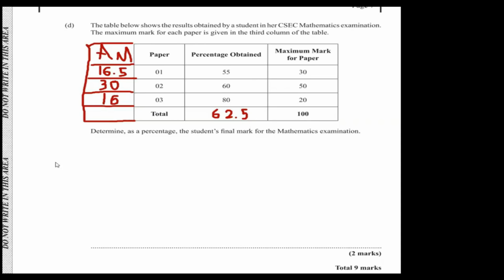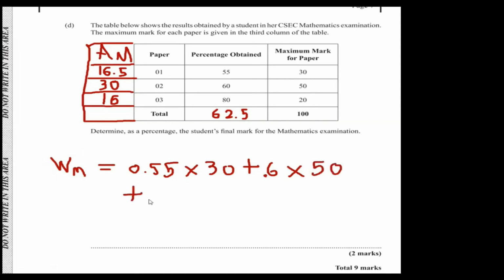So this is the weighted mean method. How the weighted mean works, it's 0.55 times 30 plus 0.6 times 50 plus 0.8 times 20.